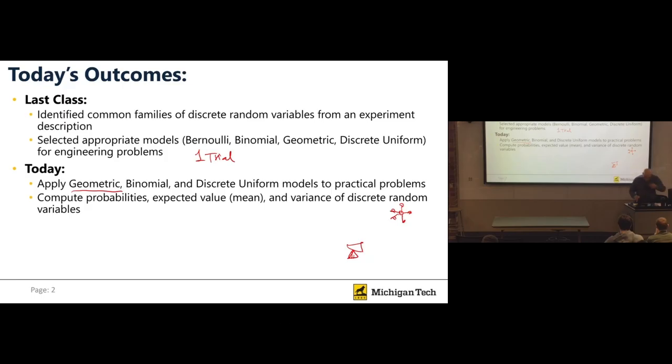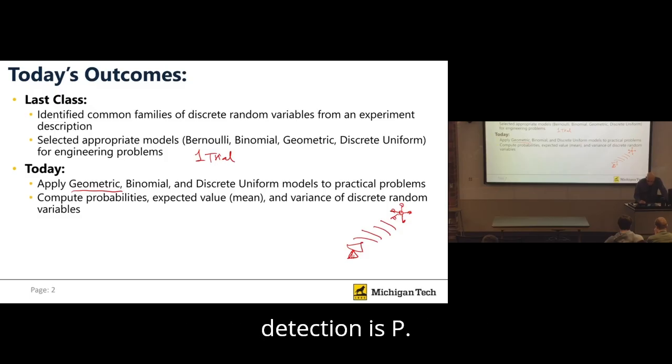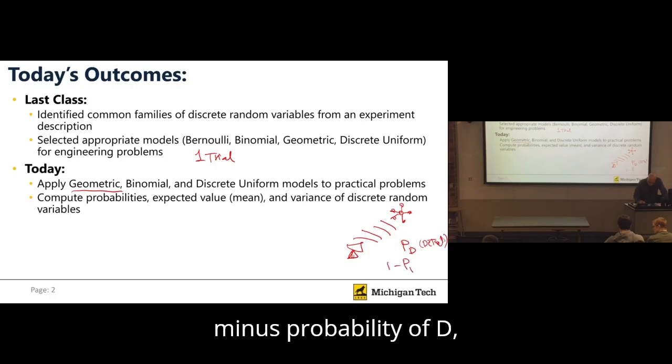It sends some signals and receives some, but the probability of detection is P. We call that P of detection, PD. So the probability of not detection is 1 minus PD.